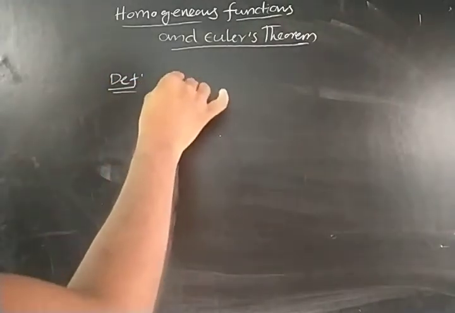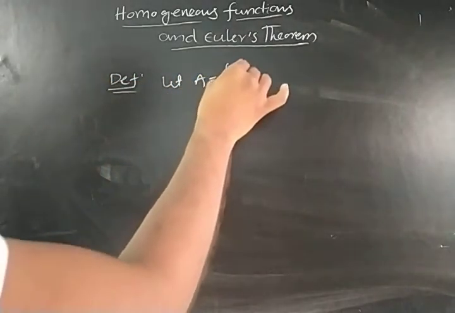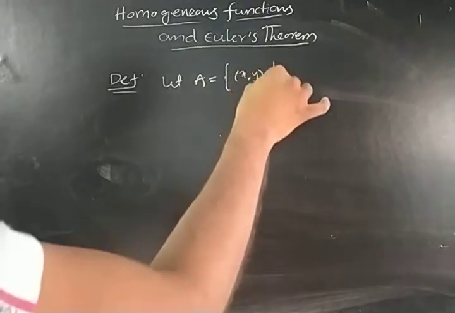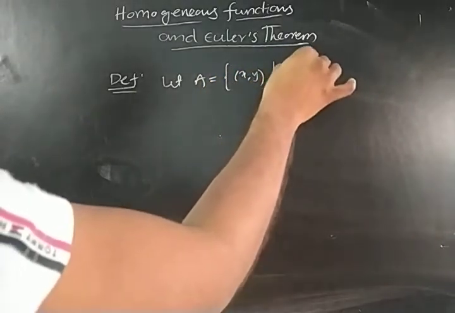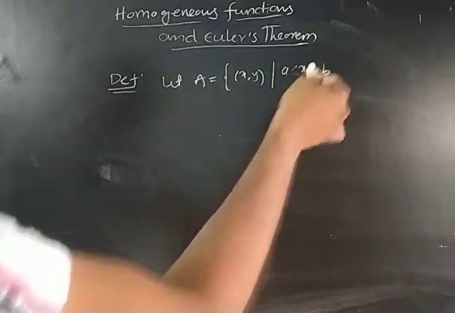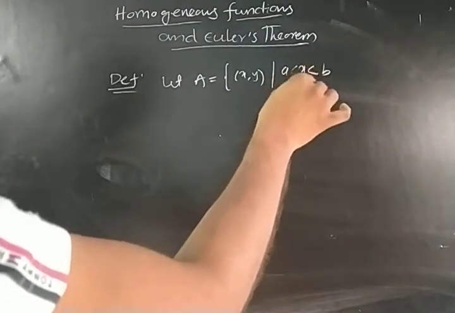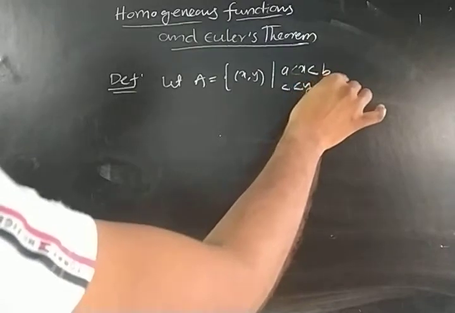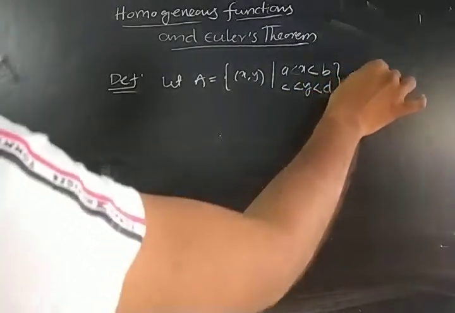I am taking one non-empty set A which contains ordered pairs x comma y, where x lies between a and b real numbers, and y lies between c and d real numbers, which is a subset of R square.